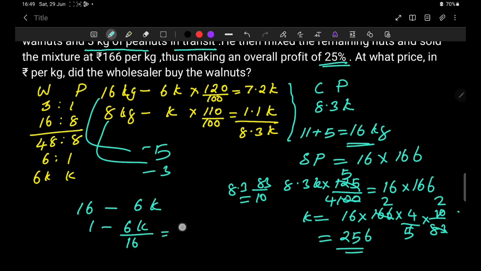That's equal to 6 into 256 divided by 16. That's equal to 6 into 16 is 96. Therefore, 1 kilogram walnut price is 96 rupees.